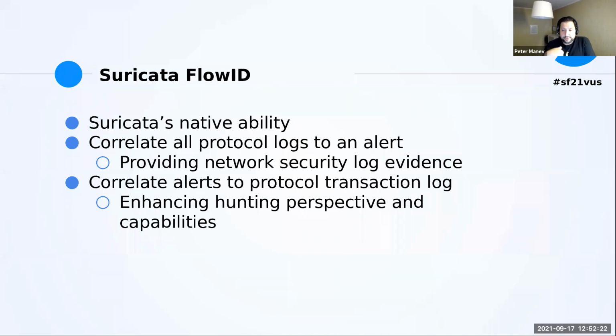So you're providing network security log evidence, and you're correlating alerts, and you can also correlate different alerts, to a protocol transaction log, actually enhancing the hunting perspective and capabilities. What does this actually mean? It looks good on the PowerPoint slide here, but if you don't know it, you may be wondering what exactly this is.